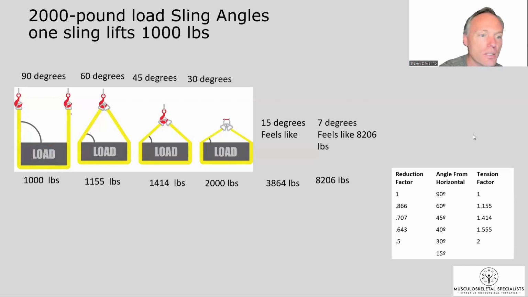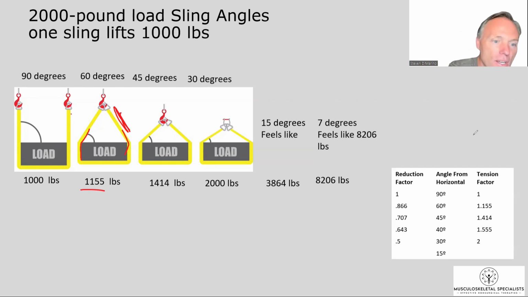Now, as you change this angle, now I change it to 60 degrees. Now the amount of force on this sling right here, what that sling feels is 1,155 pounds. Now, if that sling has a max capacity, or breaking point, of like 1,000 pounds, you've exceeded the capacity of that.